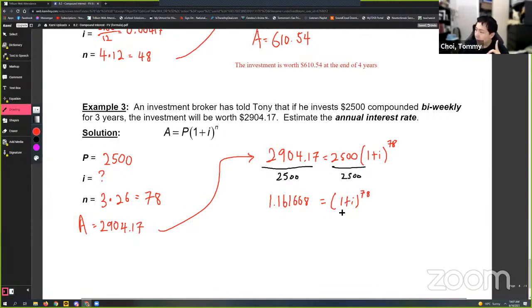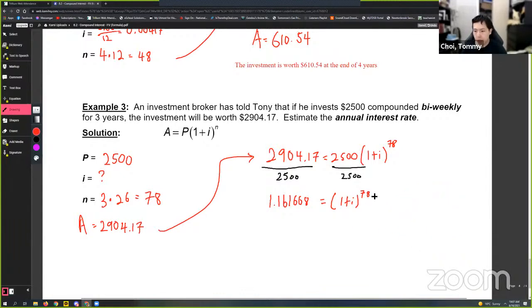Now, if you have a scientific calculator, you should see a button that looks like this. This is called the X root button, or the nth root button. This is very useful.